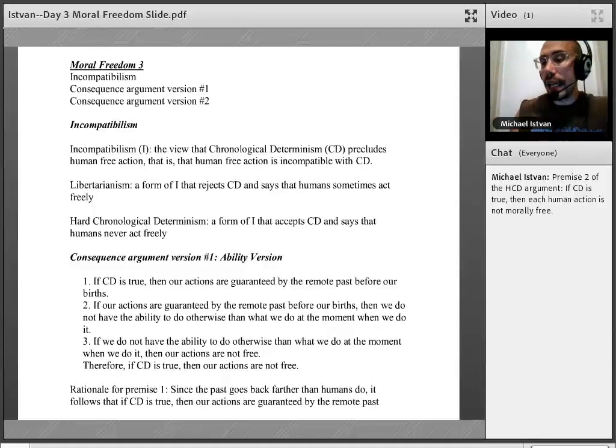By the way, that's why I like to organize the moral freedom segment around the HCD argument. Not only is the HCD argument titillating in how offensive it is right away, because right away it says, in effect, that no one's morally responsible for anything because chronological determinism is true, which is a very stark way to begin.